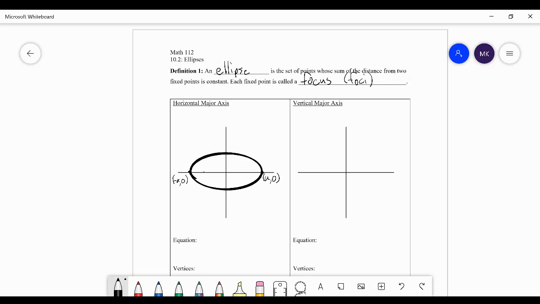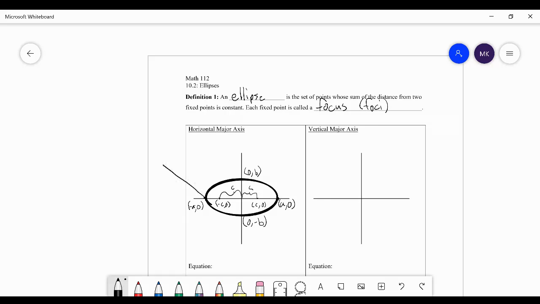And we've got negative c comma 0 and c comma 0. Obviously, the distance here is c, and the distance here is c. And this point here is 0 comma b and 0 comma negative b. This point and this point are the vertices.